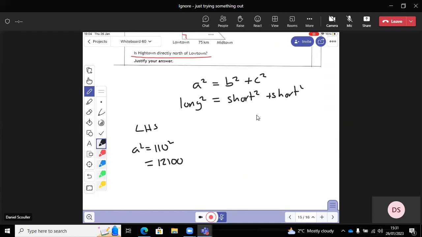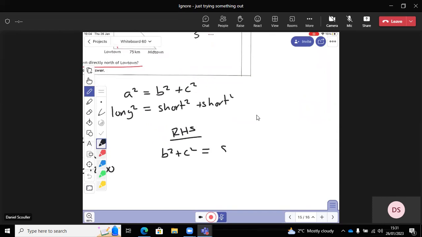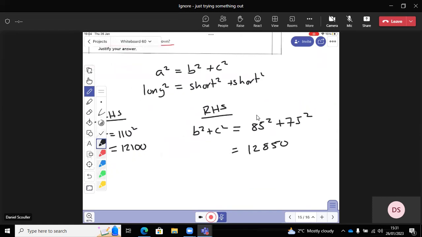The right hand side, b squared plus c squared, is equal to 85 squared plus 75 squared, which is 12850.